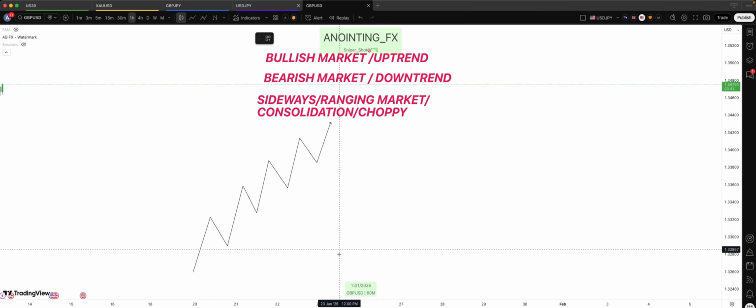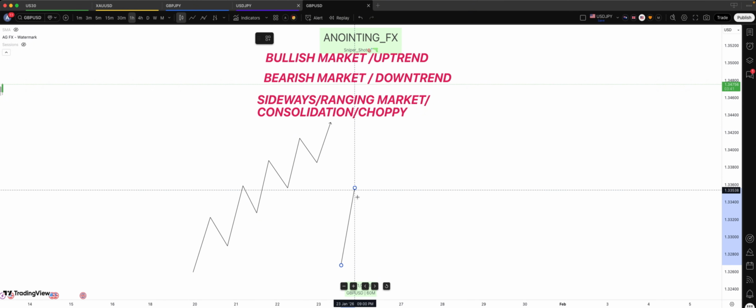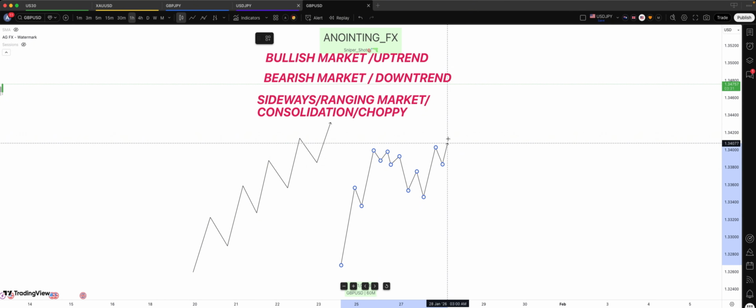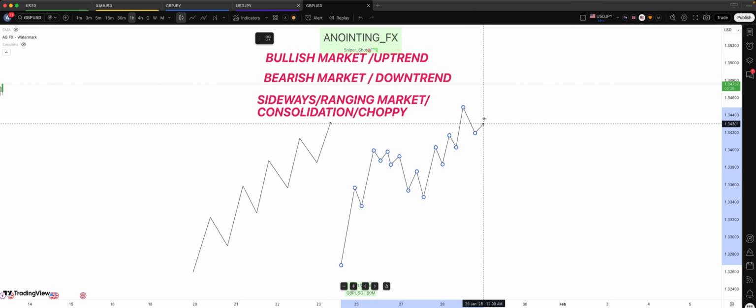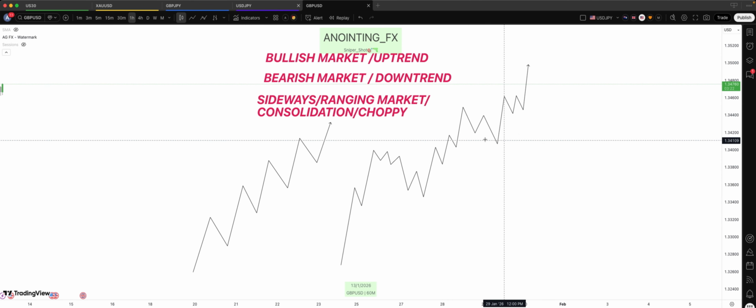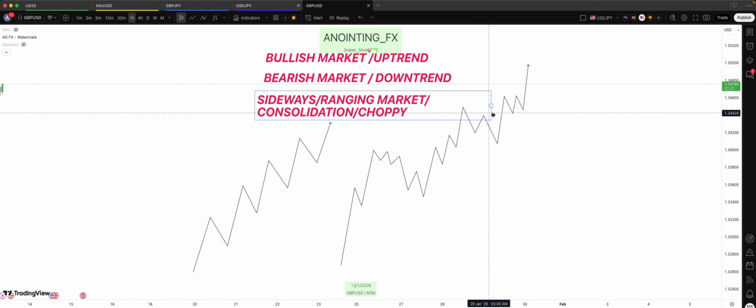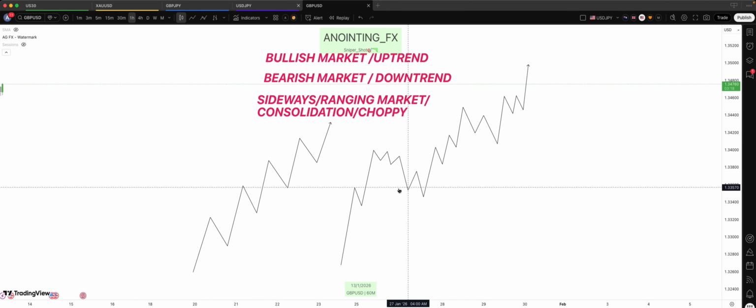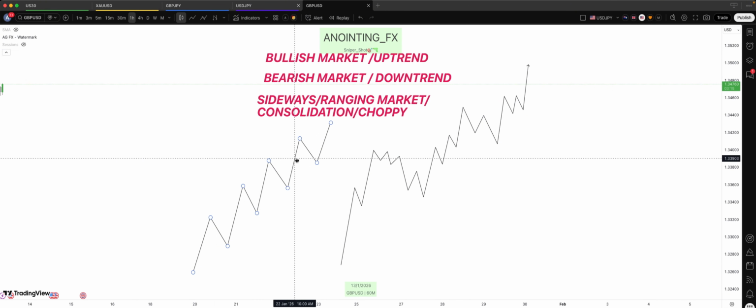In a real market scenario, it may give you something like this before it continues to the upside. All these are the same thing, just like we are seeing over here. Just that when you switch to the lower time frame, this is what you will be seeing, but on the higher time frame, you'll be seeing it like this.